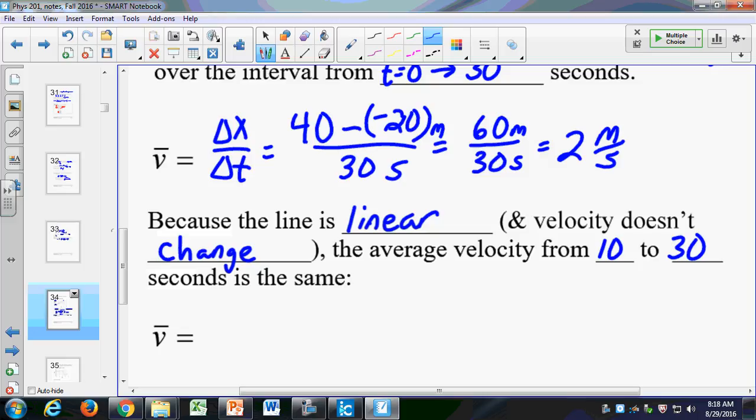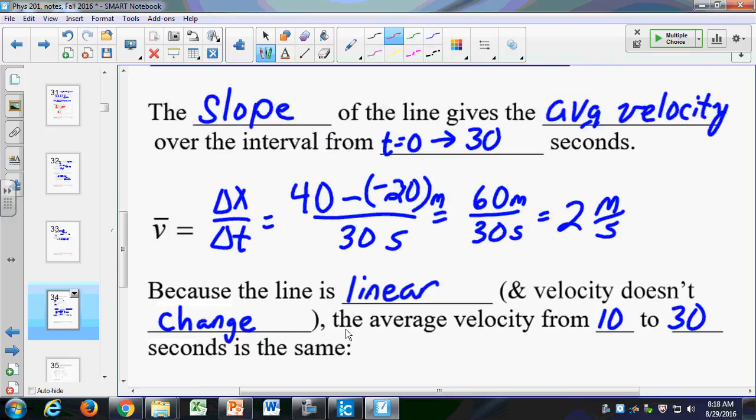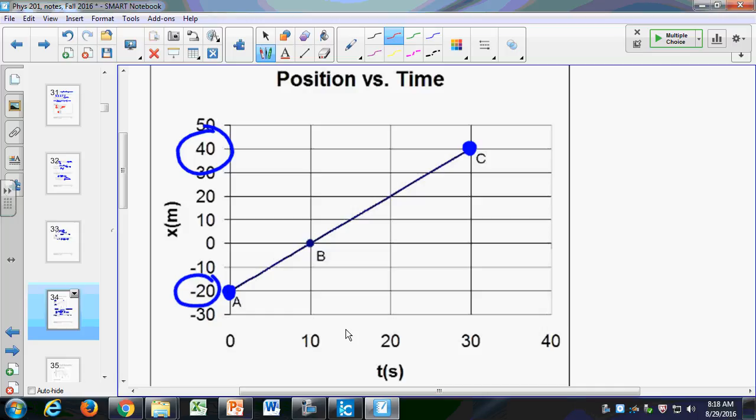So I can look back at the graph. Now I'm looking, instead of 0 to 30, I'm looking from 10 to 30. So I'm going from this point to this point. My delta t now will not be 30 seconds, but it'll be 20 seconds. And then I'm going from 0 to 40.